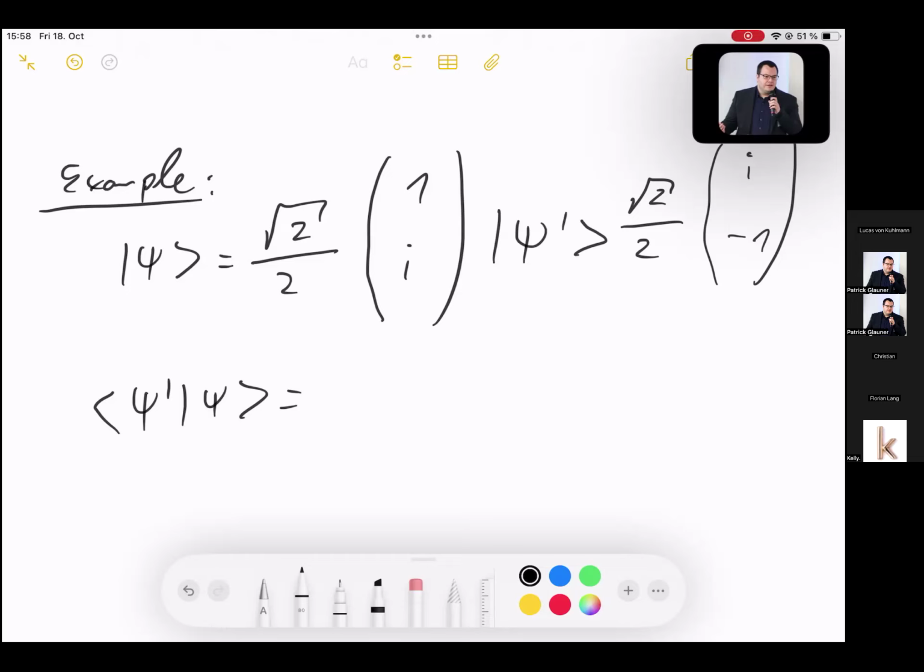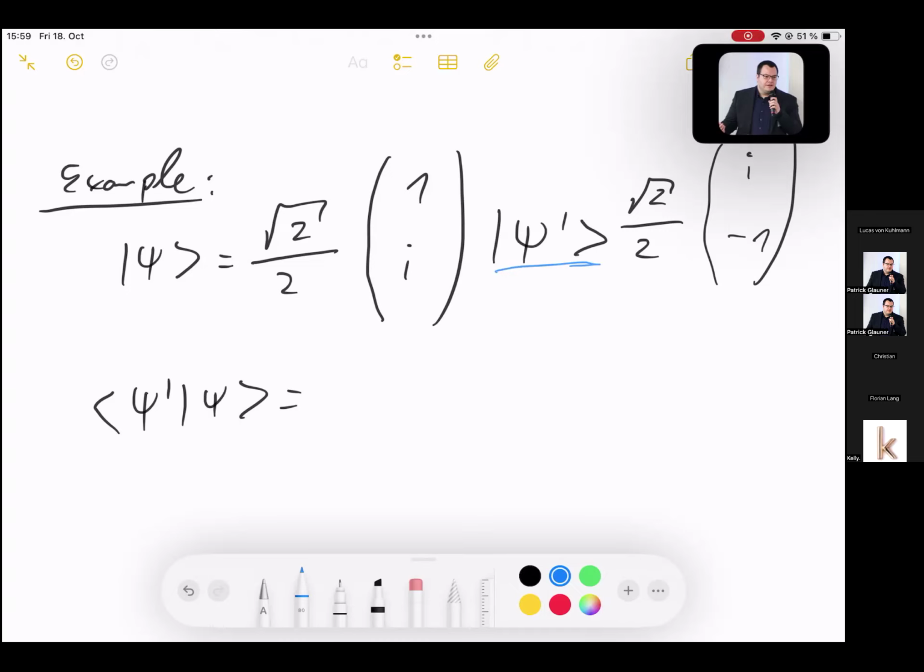Two answers. So let's try it out together and see what we get. We have our psi prime ket.